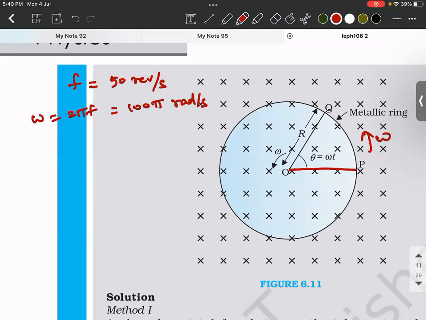Let us say the rod has revolved through an angle theta. How much has it revolved through? Through an angle theta in time t.